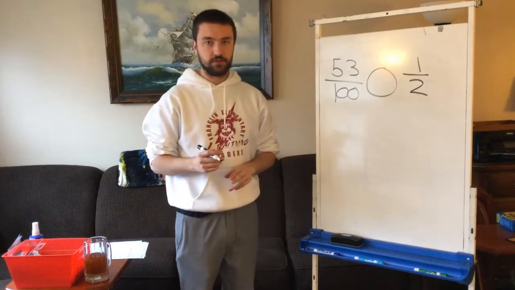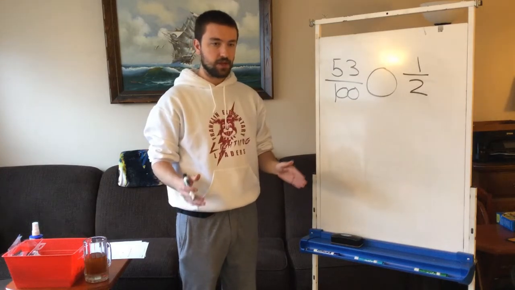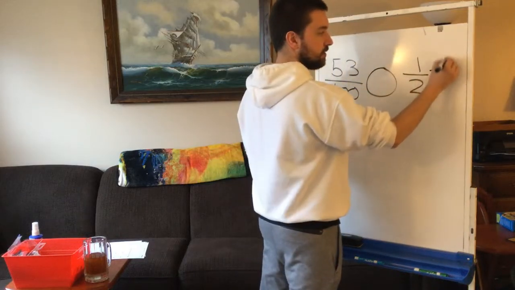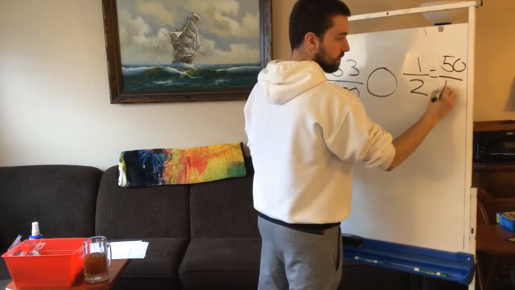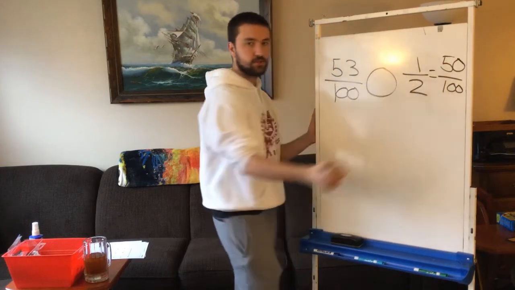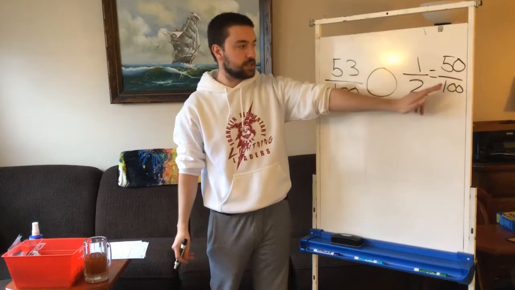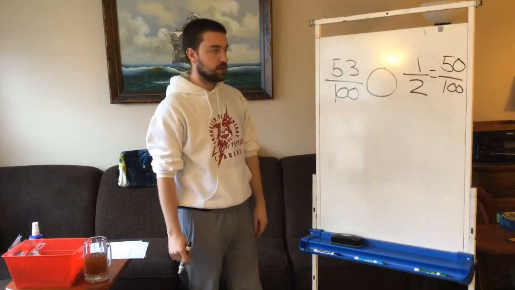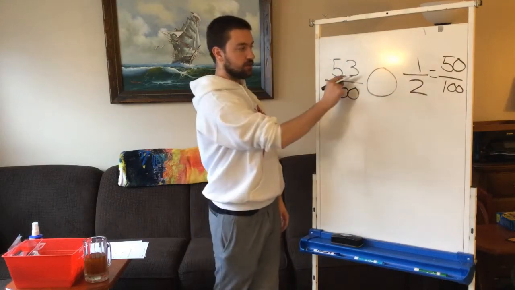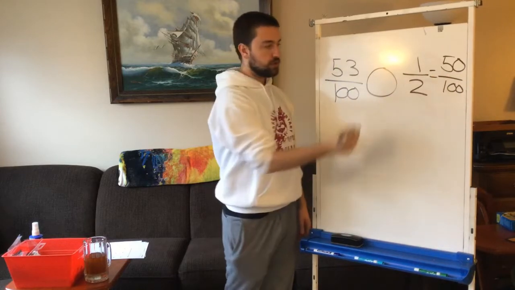If 50 is 1/2 of 100, that must mean that 50 over 100 is the same as 1/2. 1 is 1/2 of 2. 50 is 1/2 of 100. Now that I know that 50 over 100 is 1/2, all I have to look at is my top numbers here. Well, 53 of something is more than 50 of something.